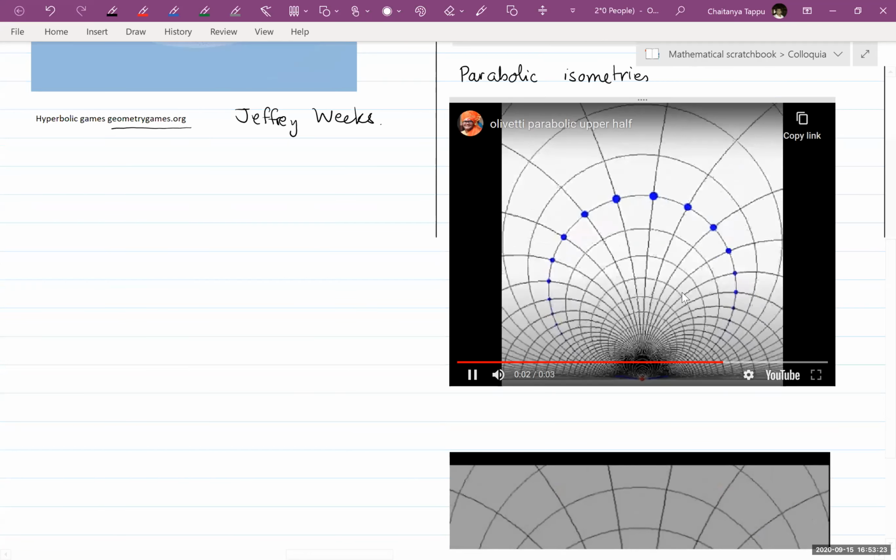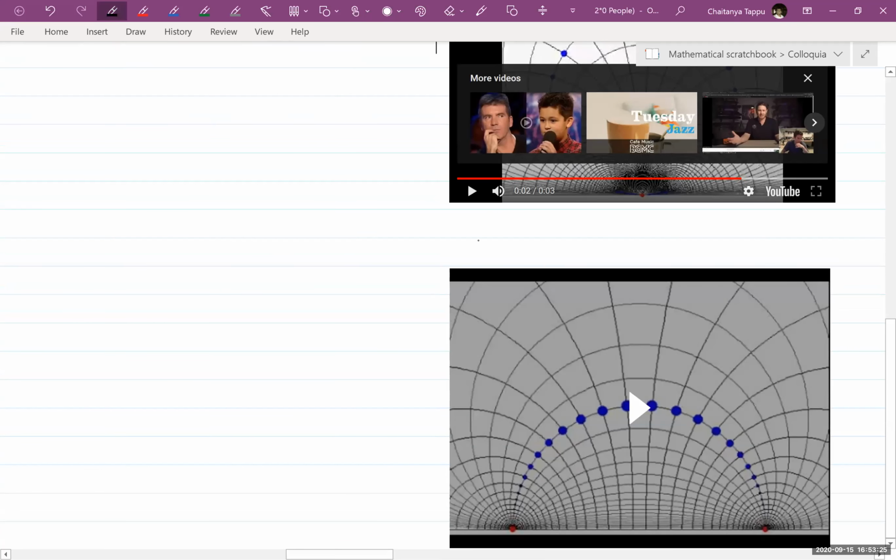And the most important sort of isometries are called hyperbolic isometries. Those are the ones you sort of need to know. Hyperbolic isometries are the analog of translations.